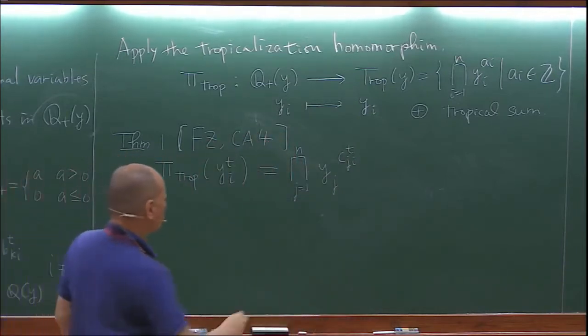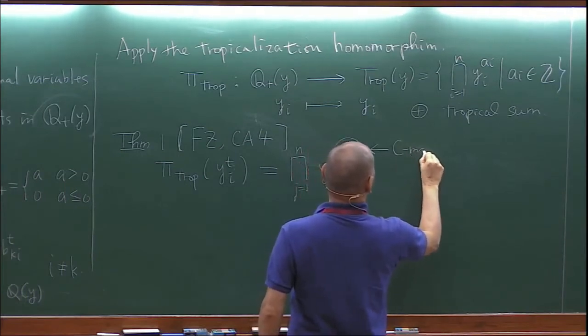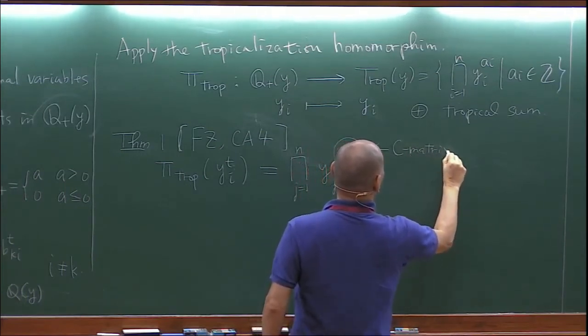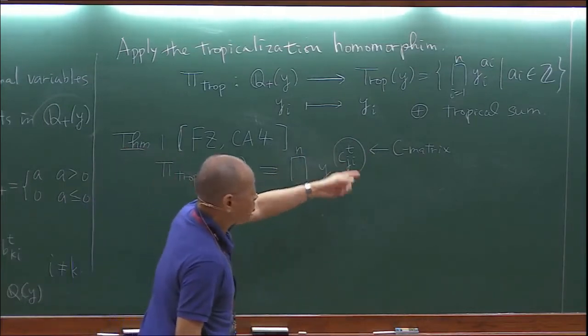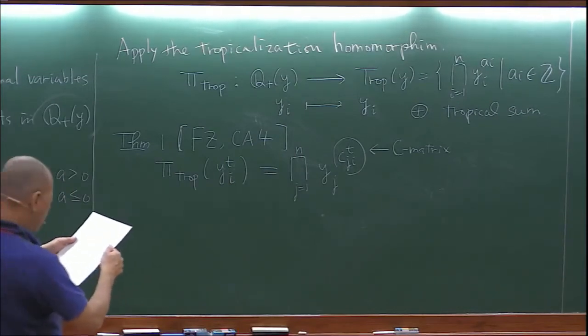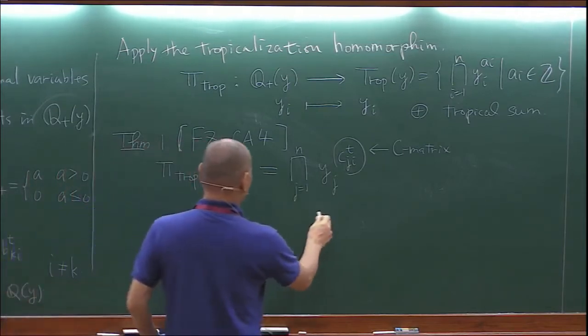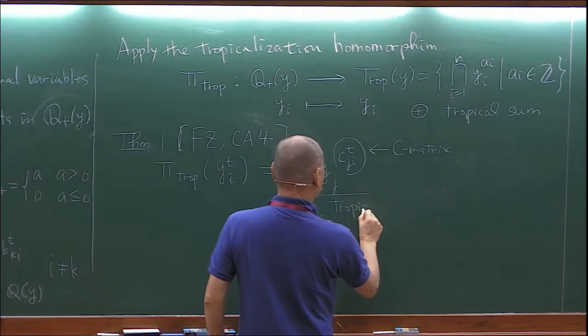So this is the C matrix. In fact, in their paper this is the definition of the C matrix, and they derive the mutation formula, but I somehow do it in the opposite way. Since this is so, that's why we call this the tropical y variable, naturally.